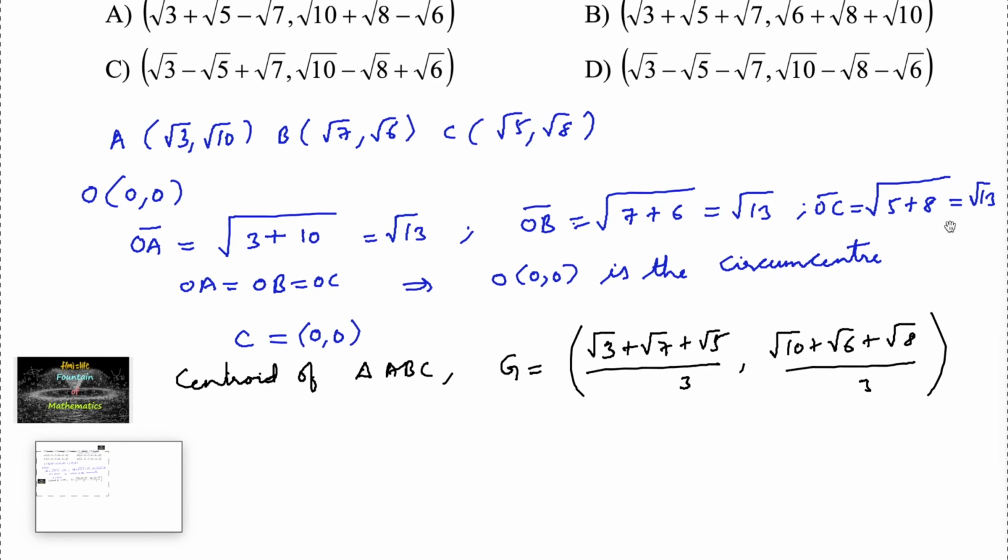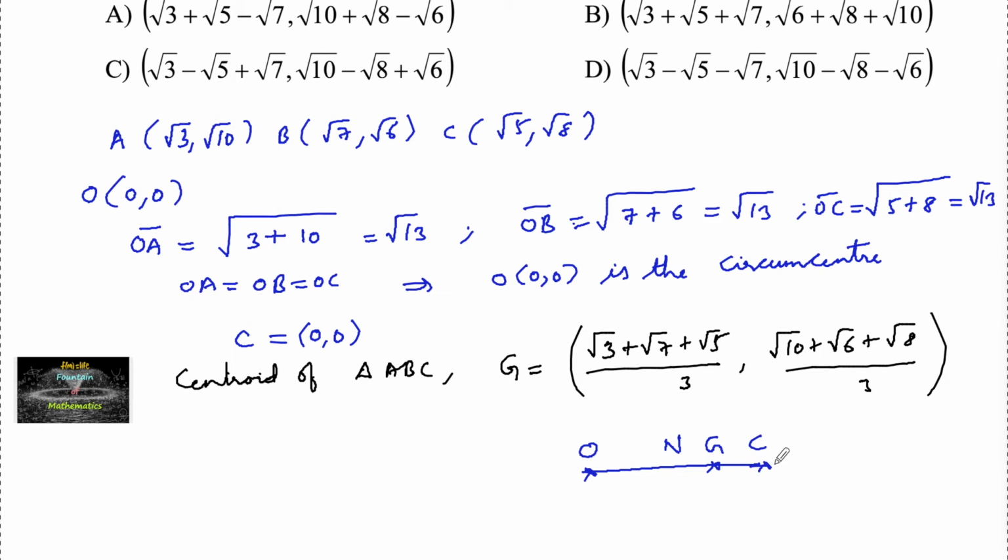So we had a relation between the orthocenter, nine-point center, centroid and circumcenter as O N G C. From orthocenter to centroid and to circumcenter, the centroid divides the orthocenter and circumcenter in the ratio 2:1. So let us use this concept.